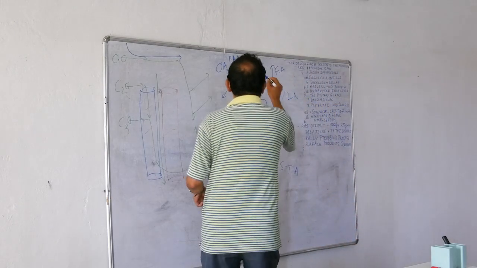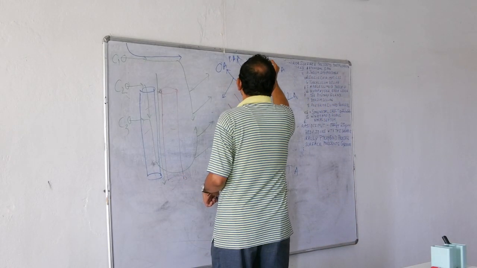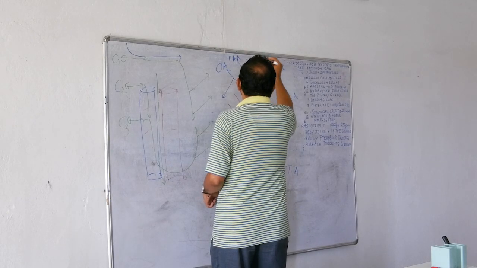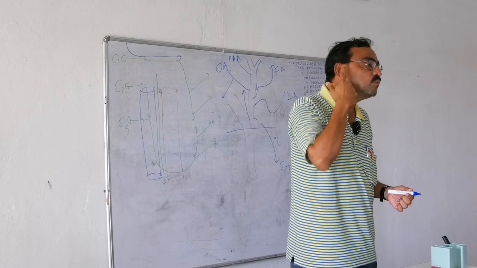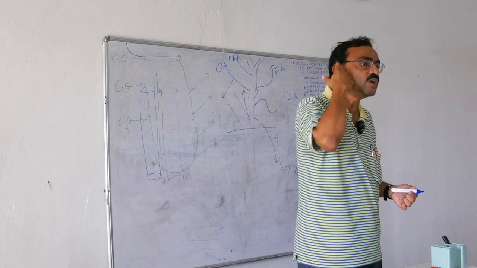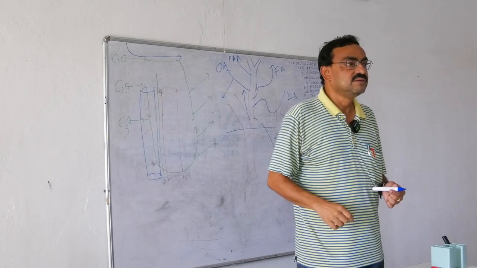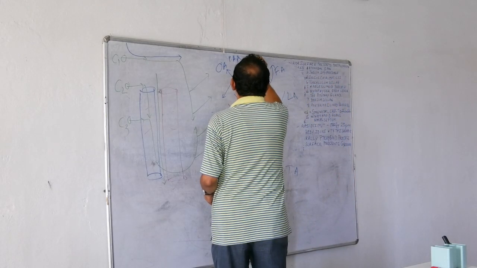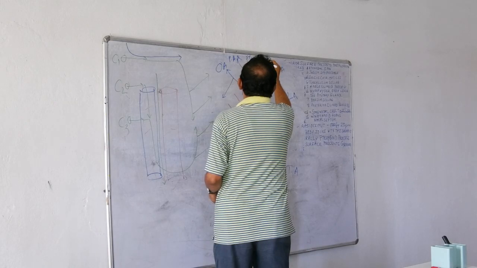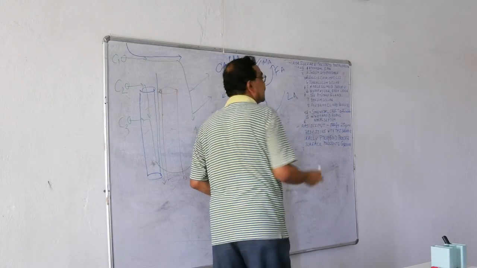And ultimately, it will divide into two arteries. One artery will move in front of the tragus, we have seen yesterday. That is the superficial temporal artery and the maxillary artery.